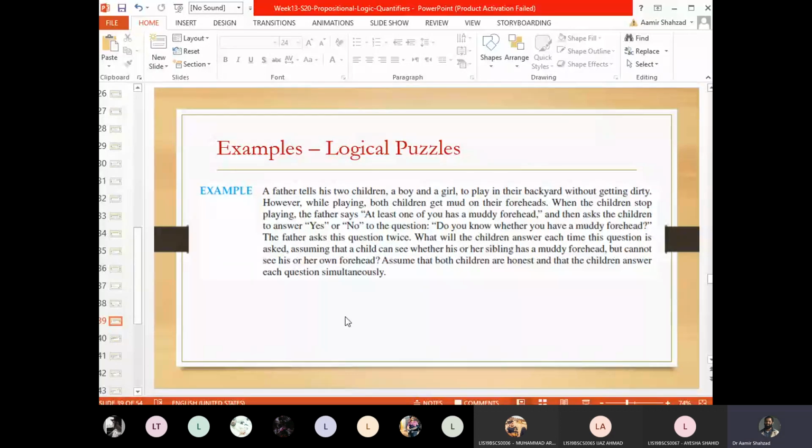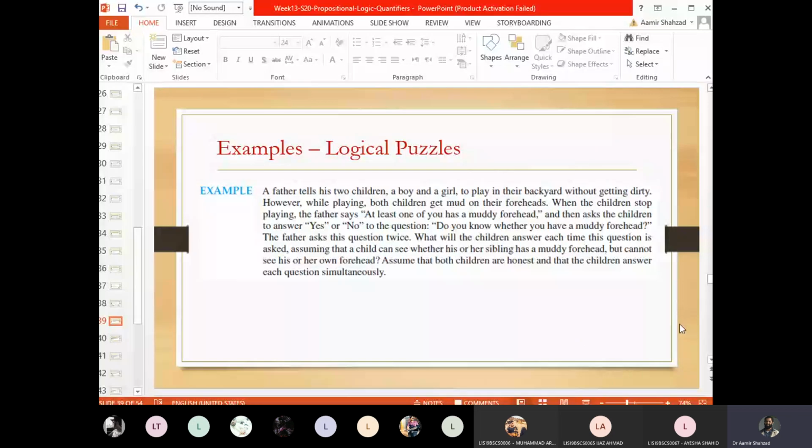So the father is saying, at least one of you has a muddy forehead, either both or at least one. And then he asks them, do you know you have a muddy forehead? Either on the first asking both children answer, or if they don't, the father asks the same question again, do you know you have a muddy forehead? Now on the second time they must be able to answer the question.